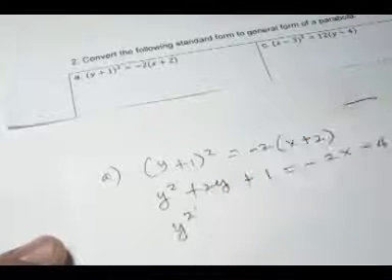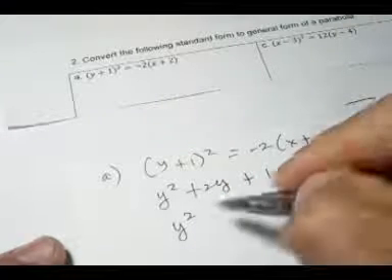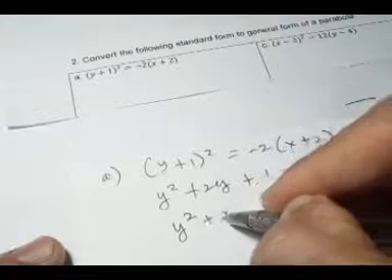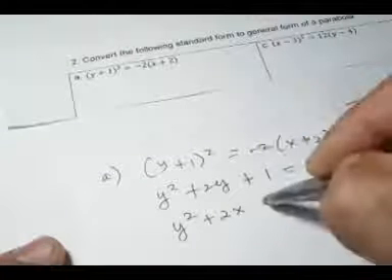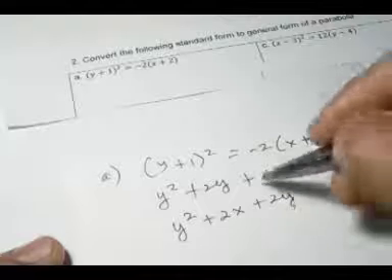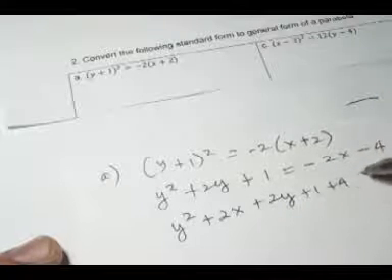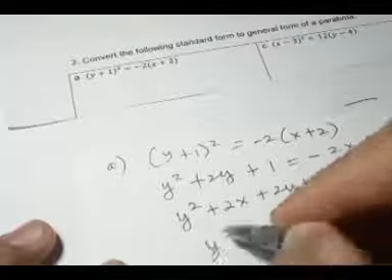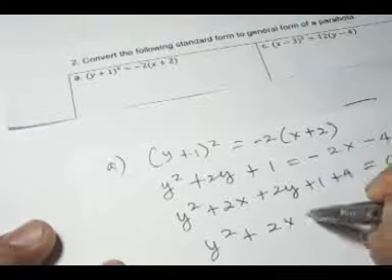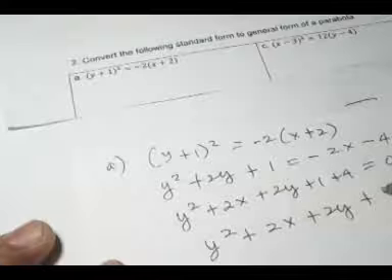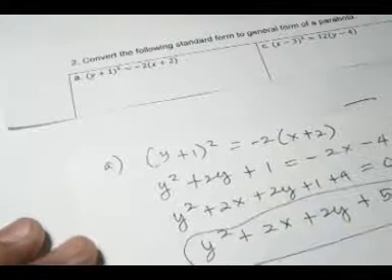Y square negative 2x becomes positive 2x plus 2y plus 1, then negative 4 transferred, plus 4 equals 0, or this is y squared plus 2x plus 2y plus 1 and 4 is 5. So this is the general form.